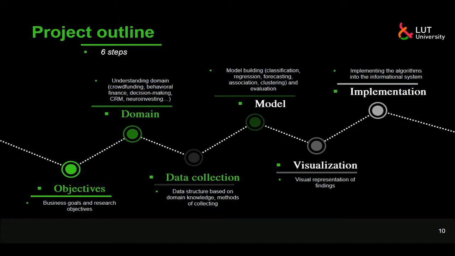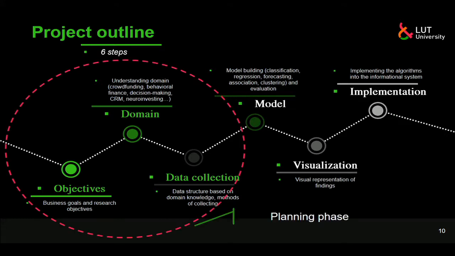The next step is data collection, which we are planning at the moment. Based on this data, machine learning will be used for developing models, which will then be implemented into the crowdfunding aggregator website. So we are now in the planning phase.